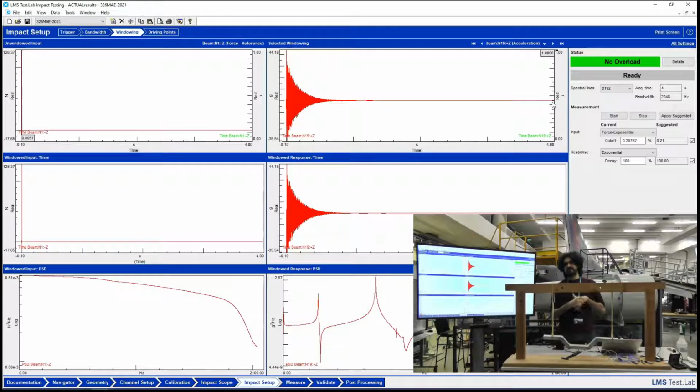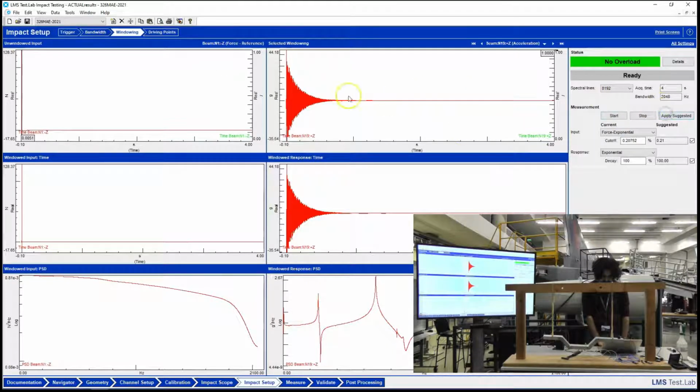Now this might seem like a problem, but since we know how much damping we are adding, when we do the analysis, we can remove that much damping from the results in post-processing. Okay, this looks nice.